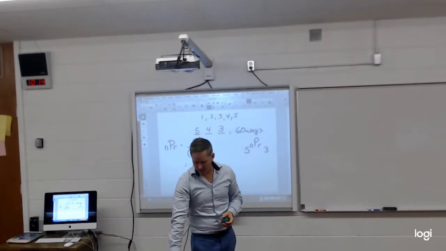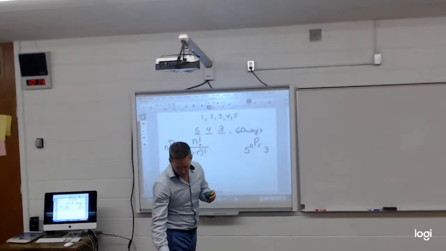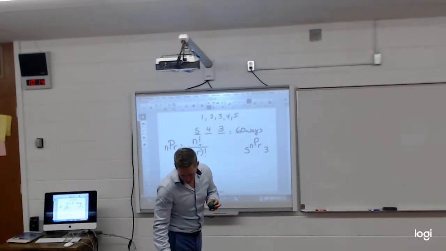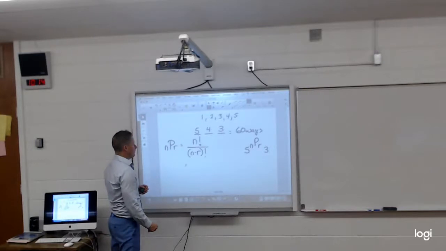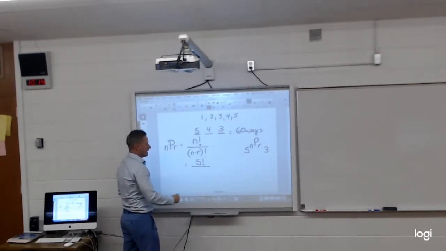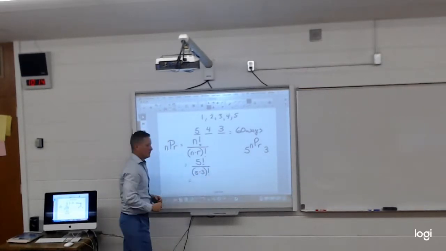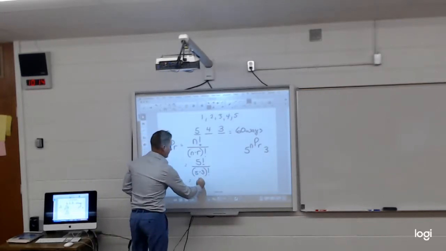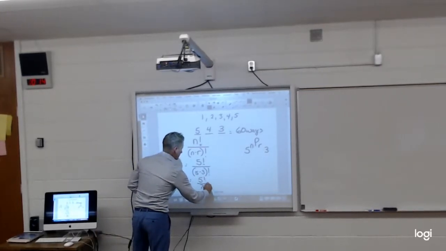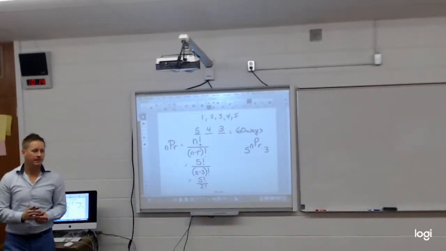The number of permutations of r objects chosen from a set of n different objects is nPr. So what that calculator just calculated for you is 5 factorial over 5 minus 3 factorial, which is equal to 5 factorial over 2 factorial. So far we understand what's happening here?